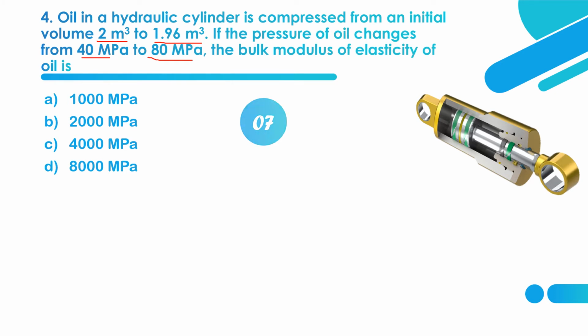Bulk modulus of elasticity is inversely proportional to compressibility. So the correct answer is option B, 2000 megapascal. Let's see how it's calculated.